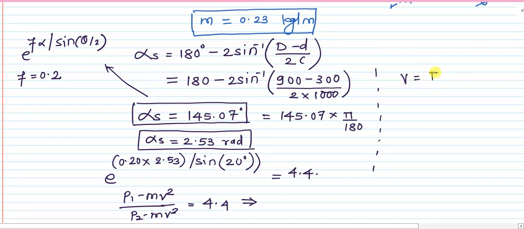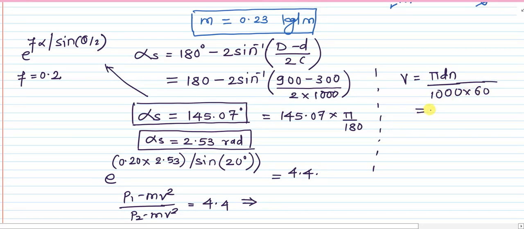Velocity v will be equal to pi d n upon 60 into 1000, because we are converting the rotational speed into linear velocity, and we have to convert rpm into rps.